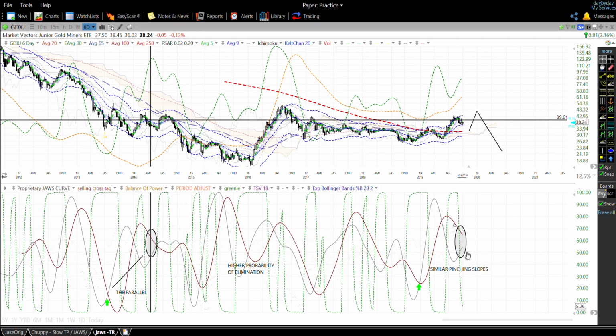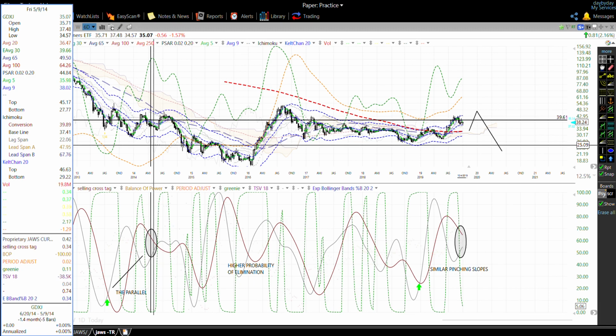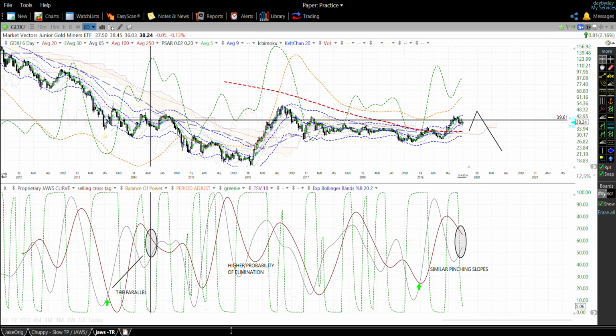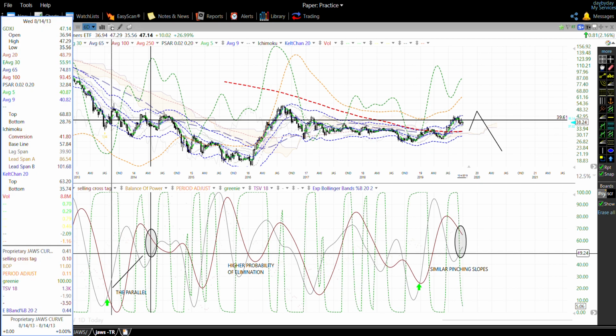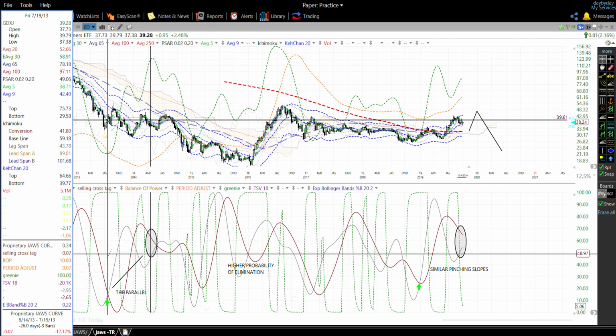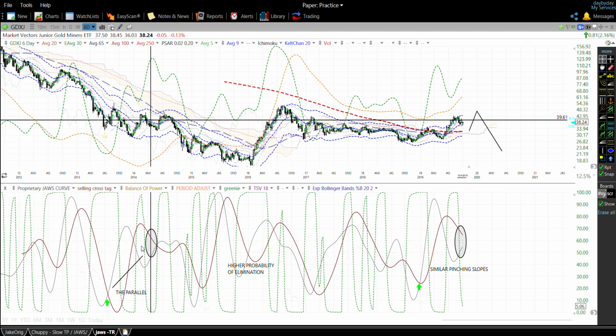And what looks more similar to me is this moment. And this moment is roughly around April 2014. And I see this area as a parallel to the current moment in time. In the historical moment in time, the parallel would have lasted from July 2013 all the way to April 2014.